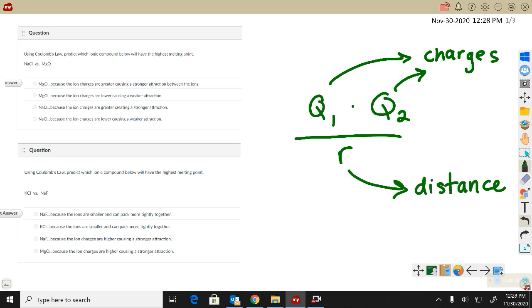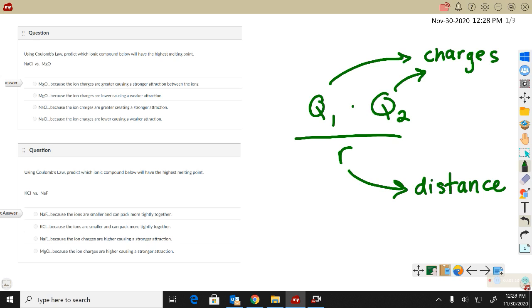And so anytime we're looking at the degree of attraction between two oppositely charged particles, we look at the magnitude of the charge. The higher the charges, the more strongly they'll be attracted to each other. And then we look at the distance between the two charged particles. We want this one to be small. If I've got charged particles that are really close to each other, that should show a stronger attractive force.